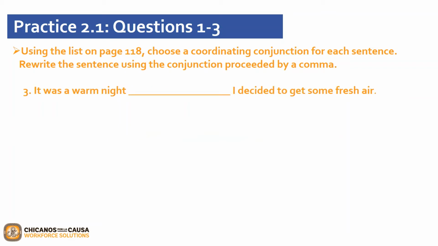Our third question says, it was a warm night, blank. I decided to get some fresh air. What coordinating conjunction would you use for the sentence? The correct way you would write the sentence is, it was a warm night, comma, so I decided to get some fresh air. You may now pause the video and complete questions 4 through 8. Click play when you're ready to continue.